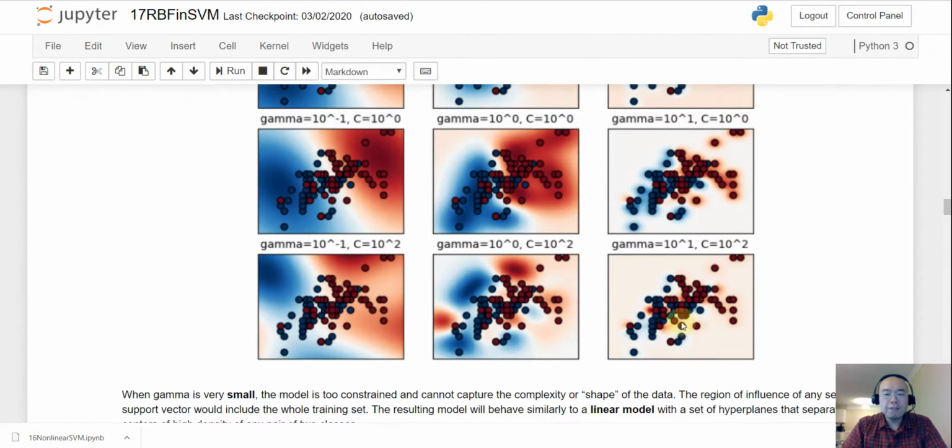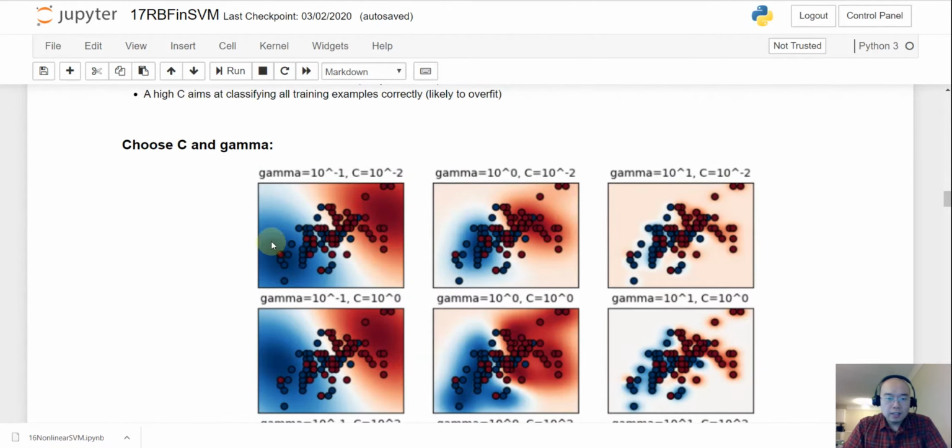And if you see this one, with a very high gamma and a very high C, the problem is we are learning only on the training samples. For the outside, the blue shade and the red shade mean that even though there's no sample there, if we see a testing sample, we are very confident it belongs to either the blue class or the red class.